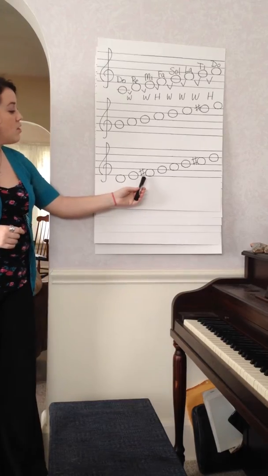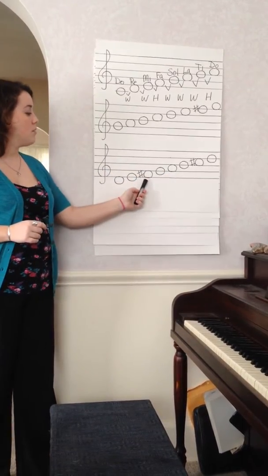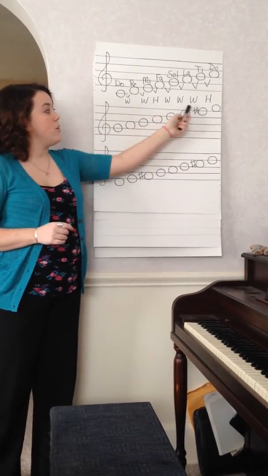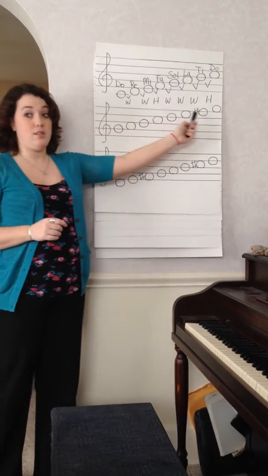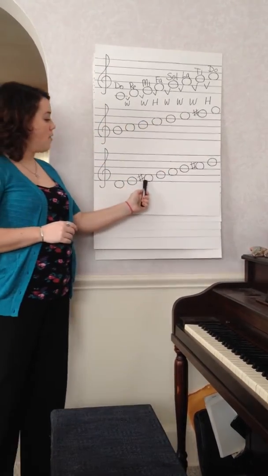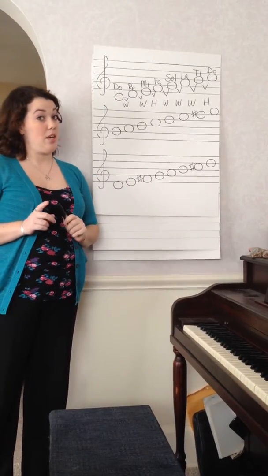Okay, so now we'll move on to D major. And as you see, we have 2 sharps in this scale, okay? F sharp and C sharp, because we're maintaining that whole tone and half tone pattern, right? Okay. And remember that if we didn't have these raised pitches, it would not be a major scale.